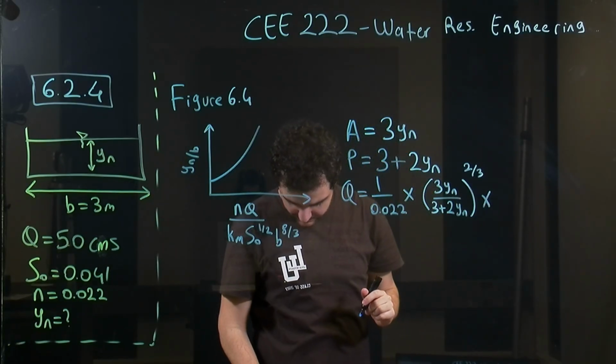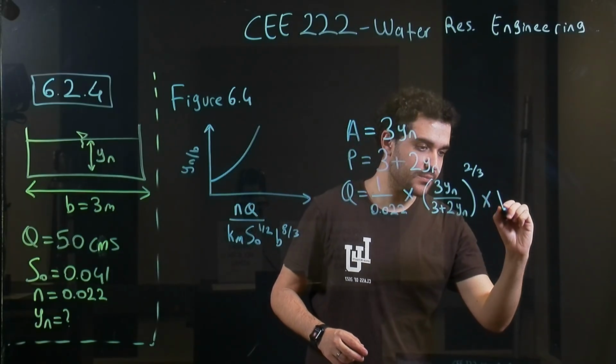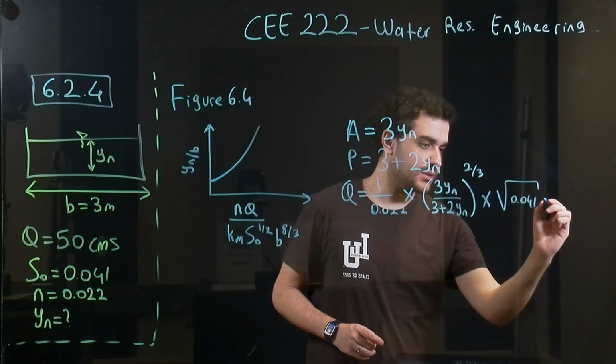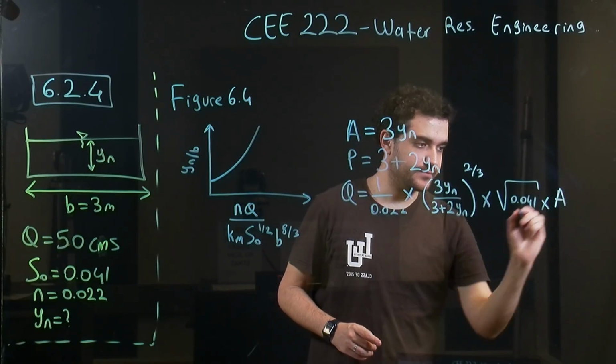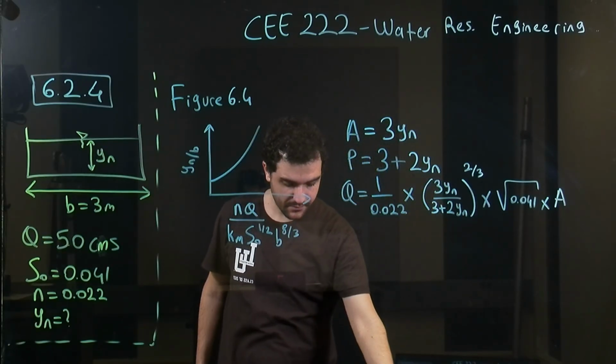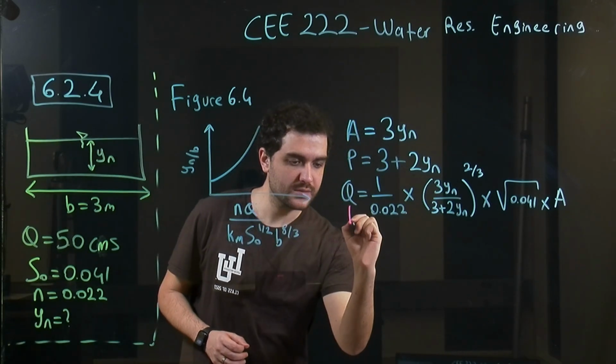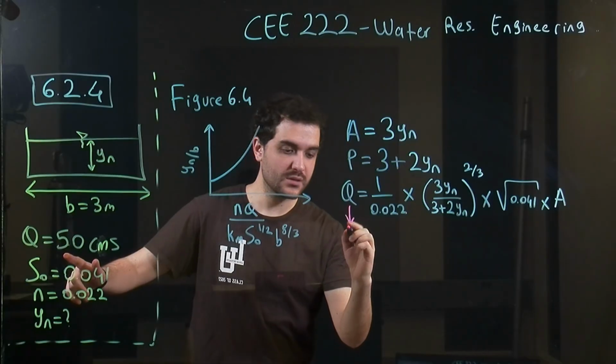Then we will have the channel slope times area. And we can actually write this because it was already given.